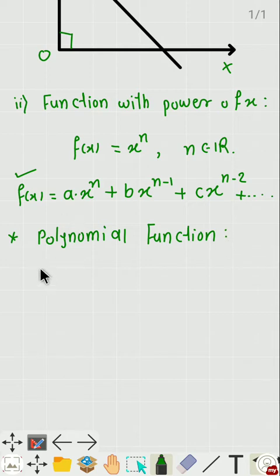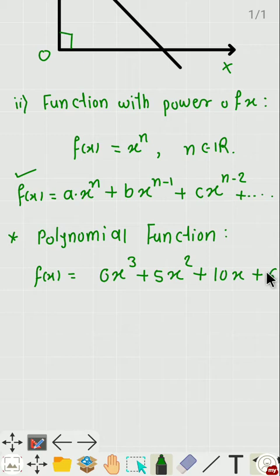Let us write one example of a polynomial function: 6x cube plus 5x square plus 10 into x plus 6. You can write many examples.